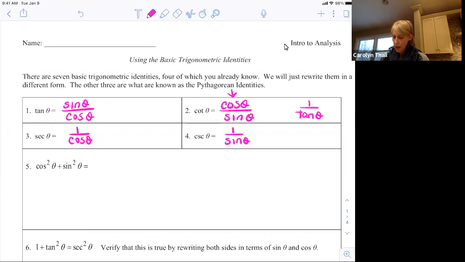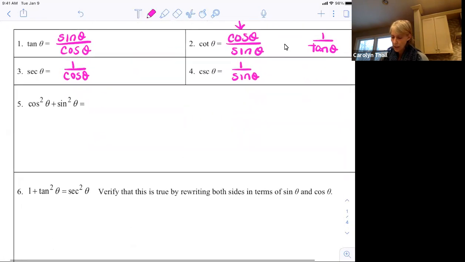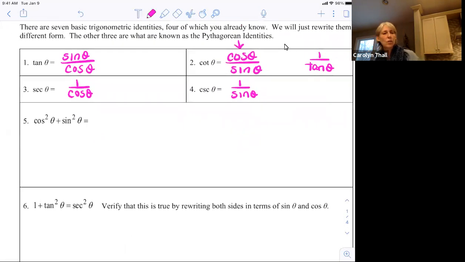The last identity that we're going to kind of reintroduce is cosine squared theta plus sine squared theta equals, and I know most of you know this is equal to 1. Let's just review why this happens again.